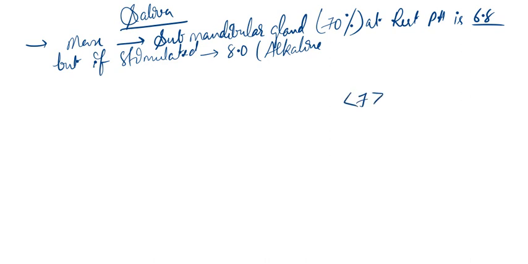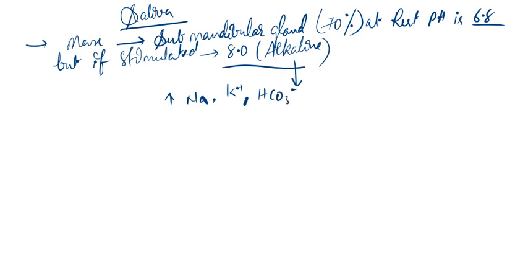I think some of the students might have forgotten this basic, so that's why I said this. So when stimulated, saliva becomes alkaline, that is 8.0. But at rest, it is 6.8, which is slightly acidic. But why does it become alkaline? Because of increased secretion of sodium, potassium and bicarbonates, etc. They increase the volume and also the pH, producing the alkaline nature.